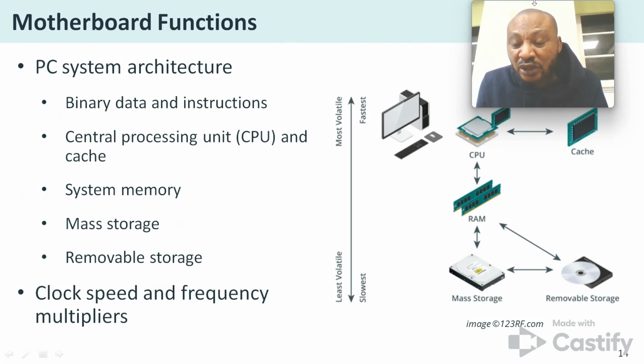In the processor, we have what we call the control unit. The control unit controls the inflows and outflows of information that comes to the computer system. Then also in the processor we have what we call the ALU, the arithmetic and logical unit.